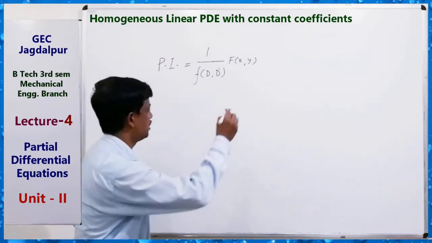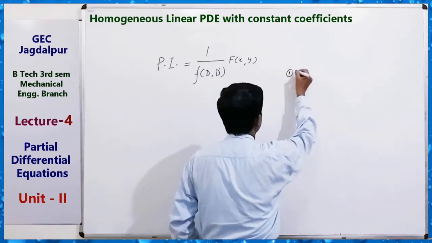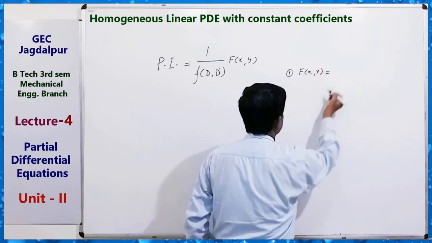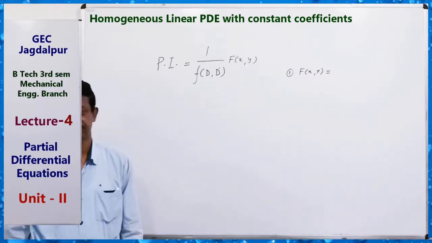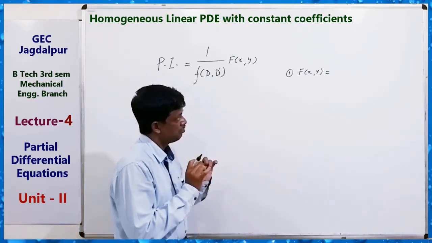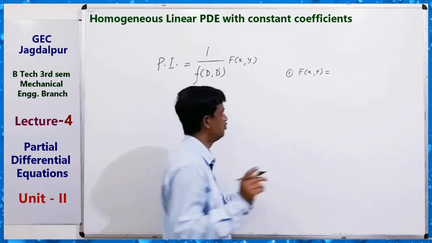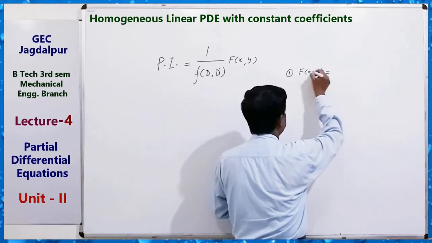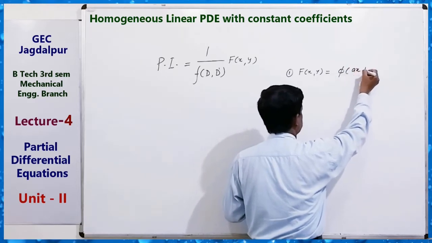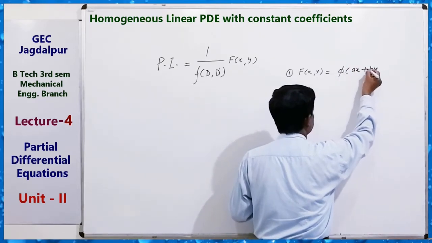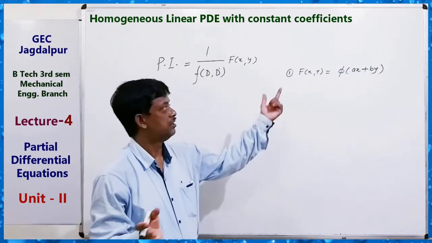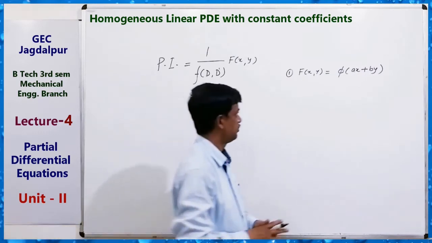Here, if f(x,y) equals, suppose, the general rule, some function of ax plus by. This is a combination. f(x,y) means a function of ax plus by.